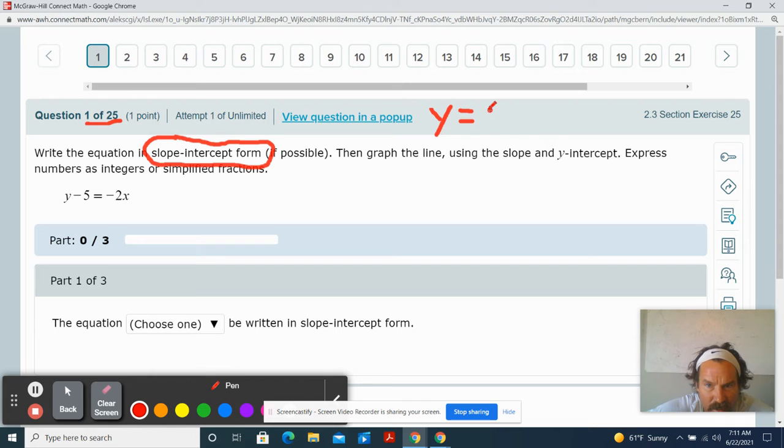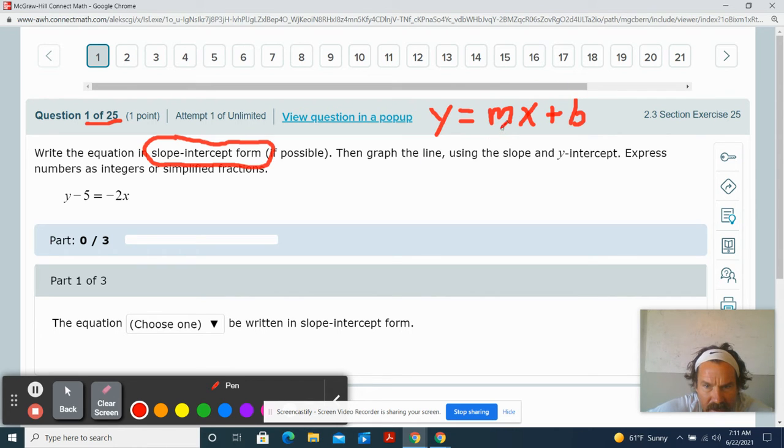I'm going to use some letters here and talk about what they mean. We saw the letter m yesterday, but we didn't see this letter here yesterday. That's b. So y equals mx plus b is called the slope-intercept form of a line.